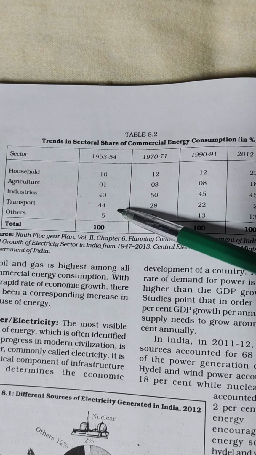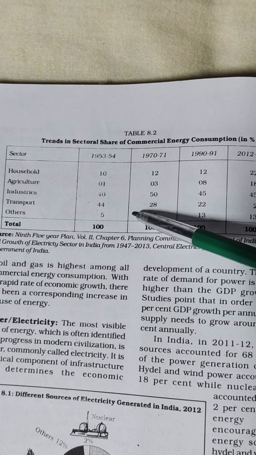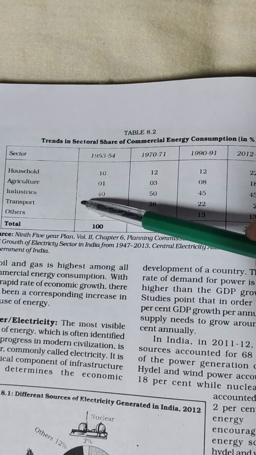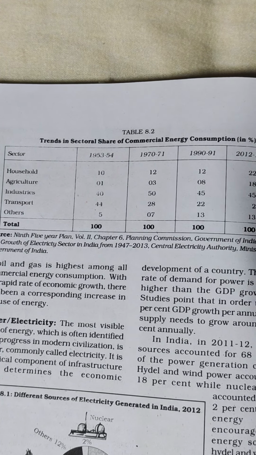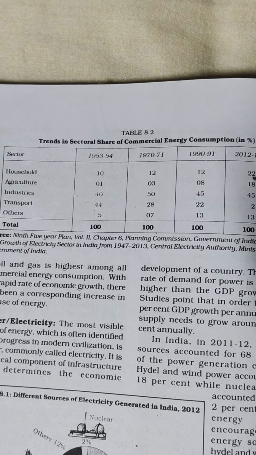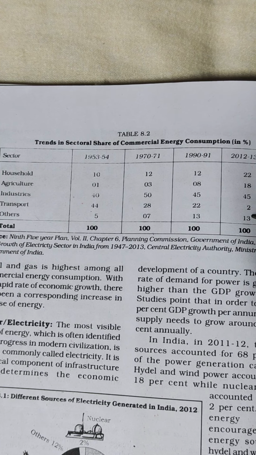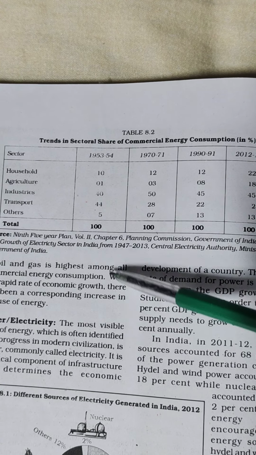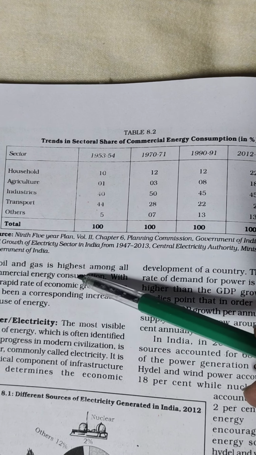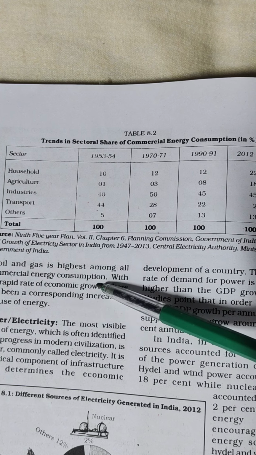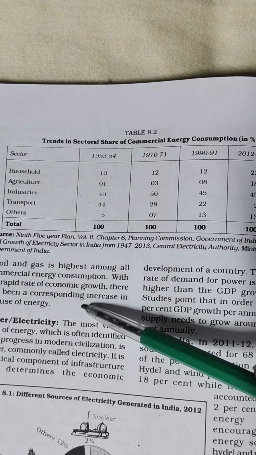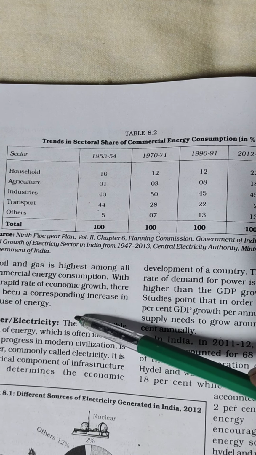However, there has been a continuous fall in the share of transport sector, while the shares of household, agriculture, industrial sectors, as you see over the years, have been increasing. And the transport sector has actually decreased in 2012-2013. Okay, and the share of oil and gas is highest among all commercial energy consumption. So, with the rapid rate of economic growth, there has been a corresponding increase in the use of energy.